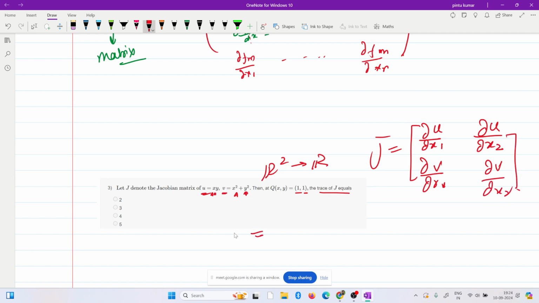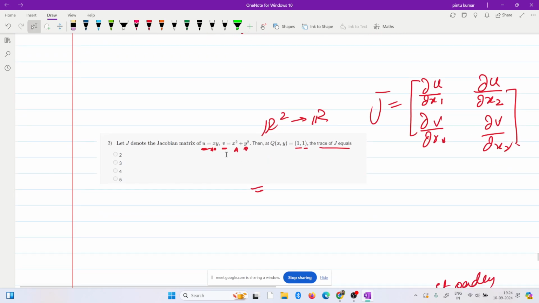So what is this value? This is x multiplied by y. I can change this notation because we have x and y; it's better to write it in terms of that. If you take the partial derivative with respect to x, you will be left only with y.